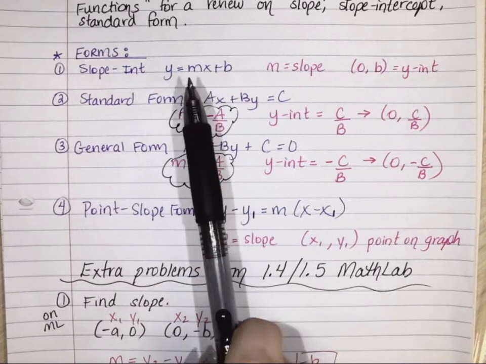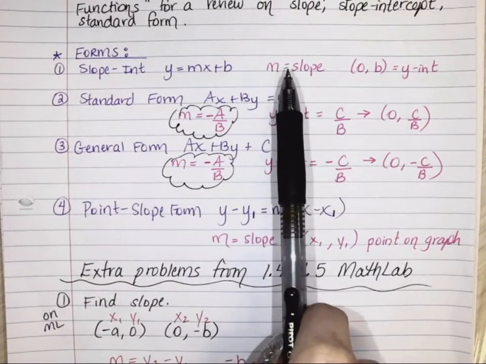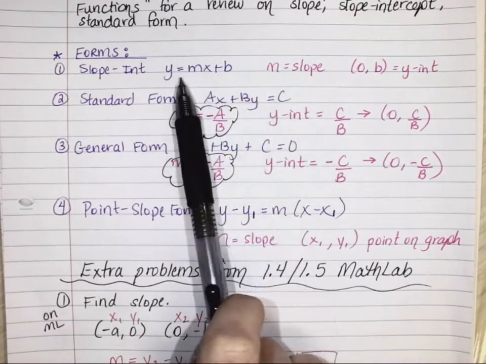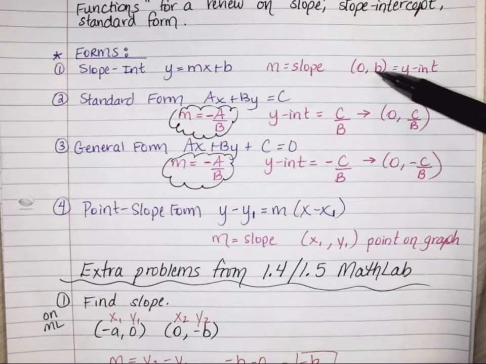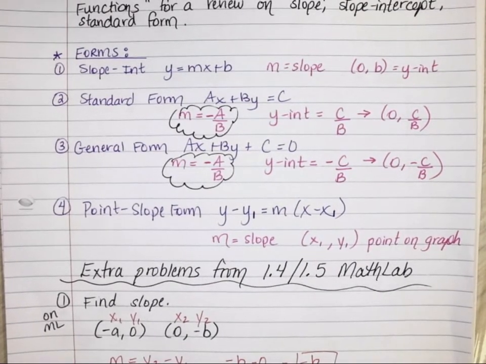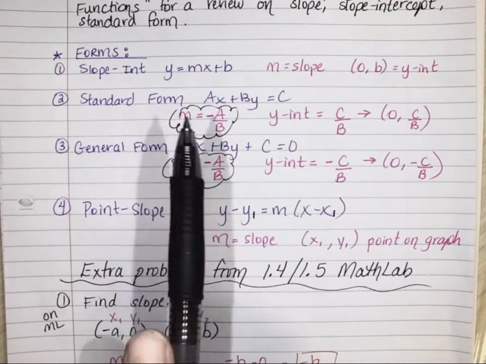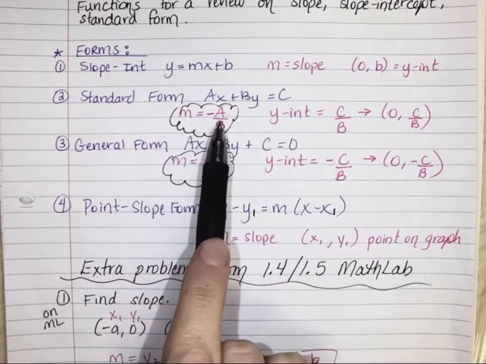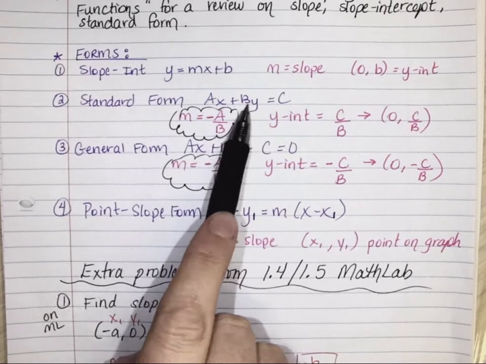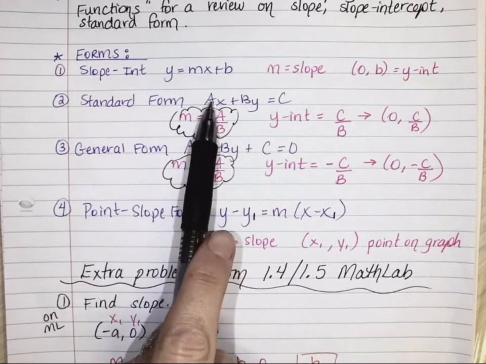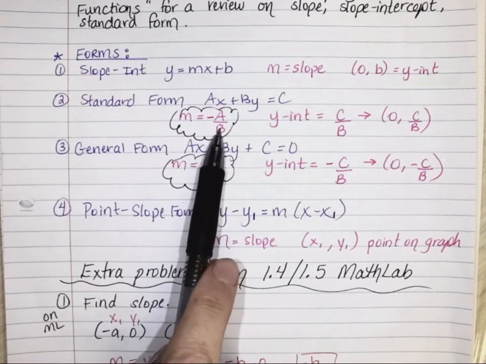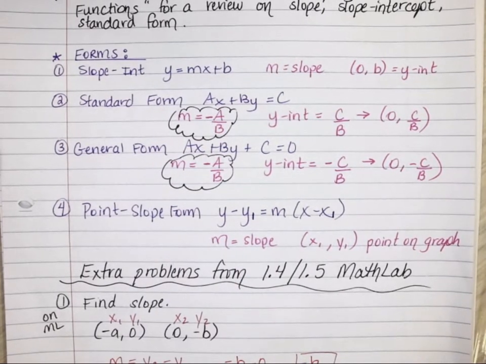You have slope-intercept form, where m, the coefficient of x, is your slope, and your y-intercept in ordered pair form is (0, b). You also have standard form. This is a shortcut for you to find your slope without having to convert to slope-intercept form: negative a over b, so the opposite of the number in front of x over the number in front of y, or their coefficients.